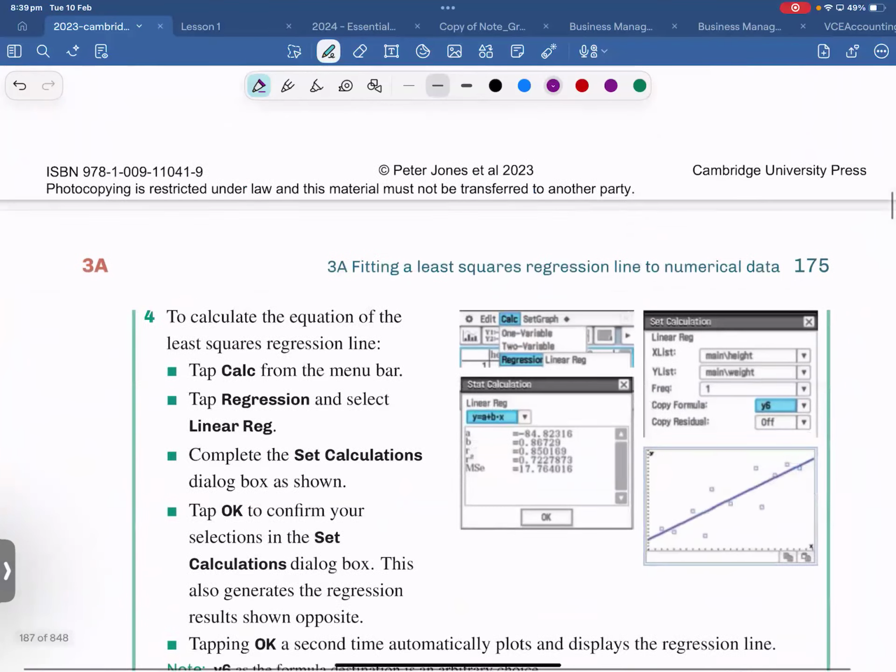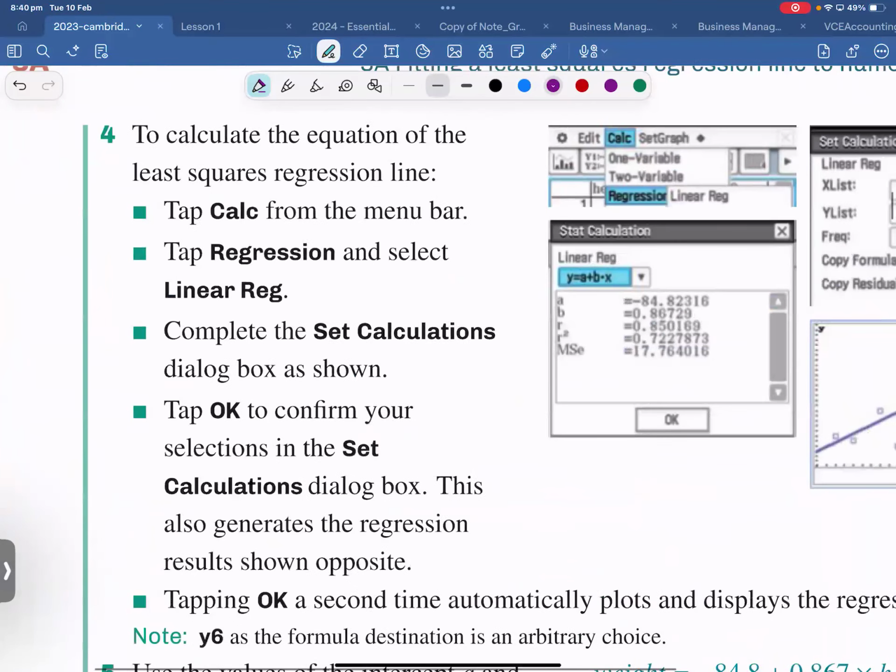Then you have to technically follow the steps. From the calculation menu bar, you have to tap regression and linear regression, and so on. Then you will get the information such as A, B, R squared, etc.